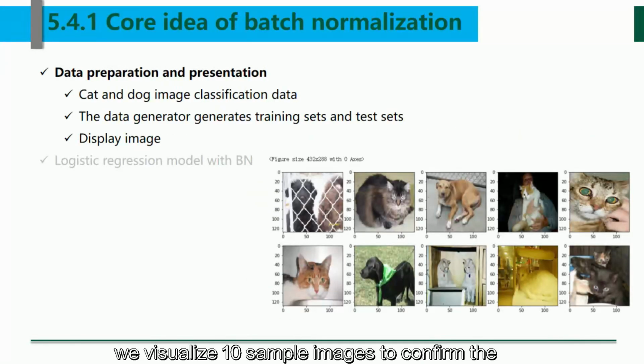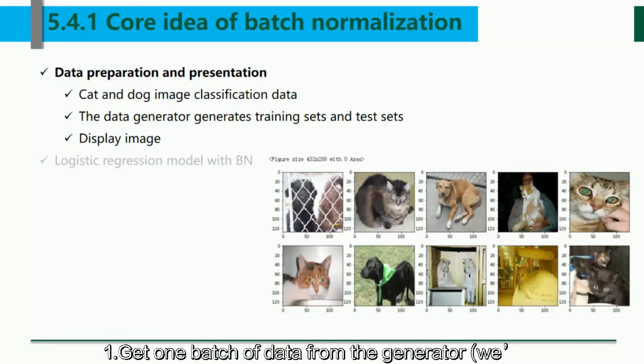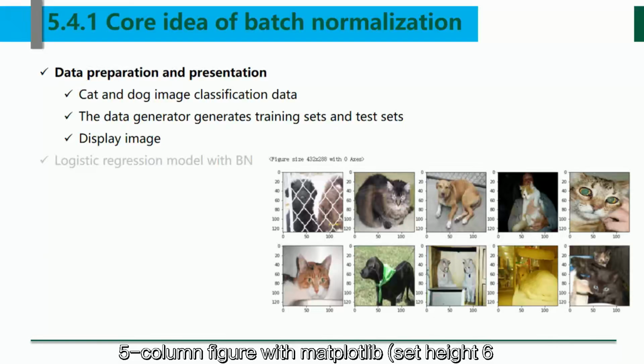Next, we visualize 10 sample images to confirm the data generator works. The code is straightforward. First, get one batch of data from the generator we'll use, the validation generator, to get X equals images, Y equals labels. Second, create a 2-row 5-column figure with matplotlib, set height 6, width 15 for clear display.